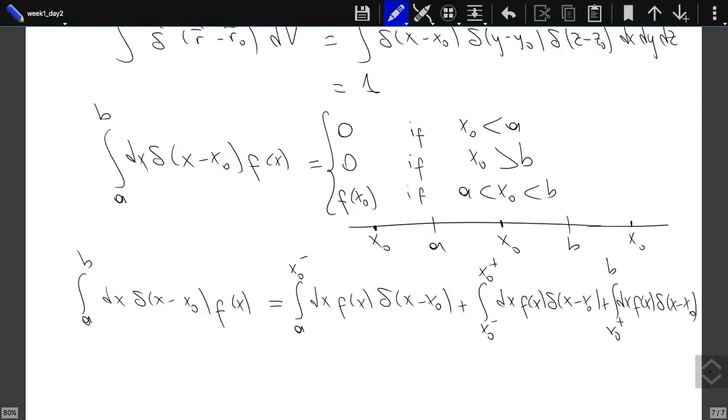Here, x0 is not in this range because x0 minus is a number slightly smaller than x0, and x0 plus is slightly larger than x0. So these two integrals are 0. The only non-zero part is over here.